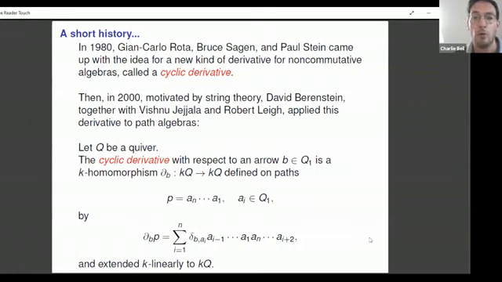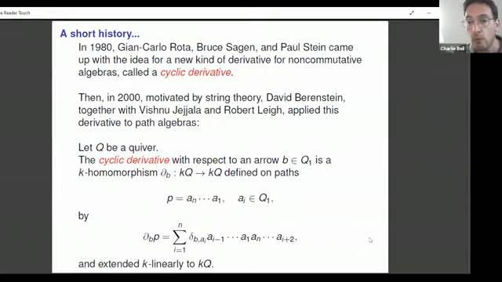So the idea is, let Q be a quiver, and the cyclic derivative with respect to an arrow b is a K-homomorphism from the path algebra of Q to the path algebra of Q, defined on paths as follows. You take a path consisting of arrows a1 through an, and you cycle the path around, and if the leftmost arrow is the one you're taking the derivative with respect to, you remove that arrow, and otherwise in that cyclic permutation, it's 0.